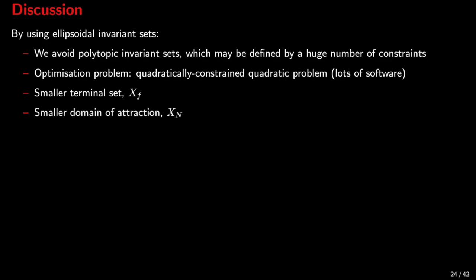And this implies also that since we have a smaller terminal set, we also have a smaller domain of attraction and a smaller set of feasible states X_N. But okay, swings and roundabouts: we gain in computational complexity, we have a more manageable problem, and we lose in the size of Xf and the size of X_N.